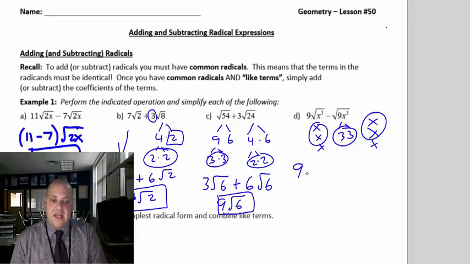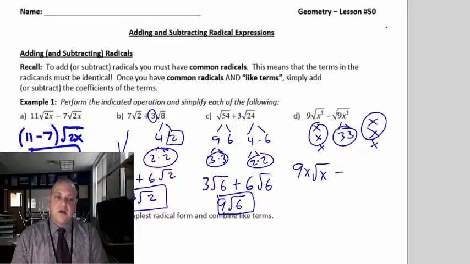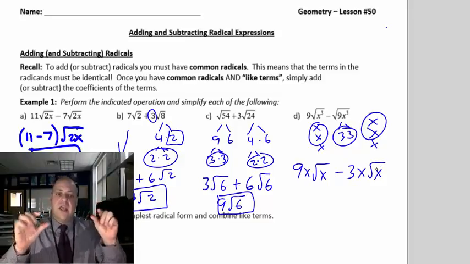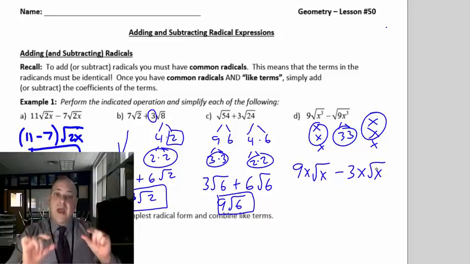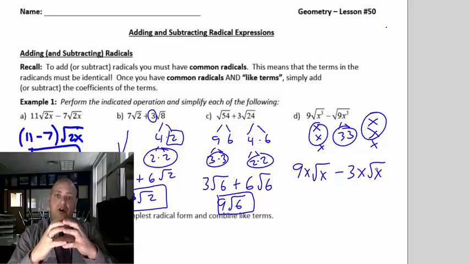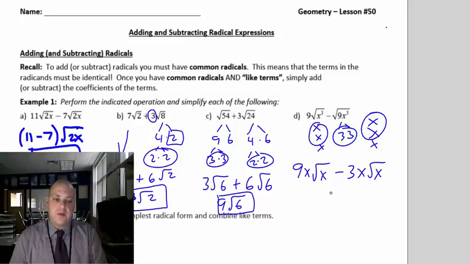So that's going to be 9x, and then we're going to have an x left over, and then minus. Now here, I'm taking out a 3, and I'm taking out an x. 3x, and then an x left over. So see how we simplified both of them and got both of them down to a radical x. So now I can subtract and combine these terms because I have a radical x in both terms. 9x minus 3x is 6x, and then radical x.